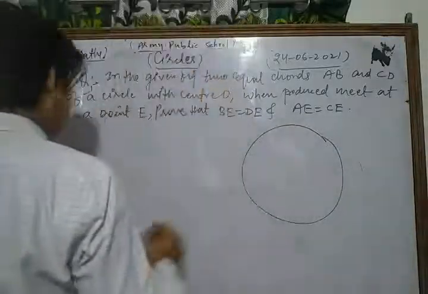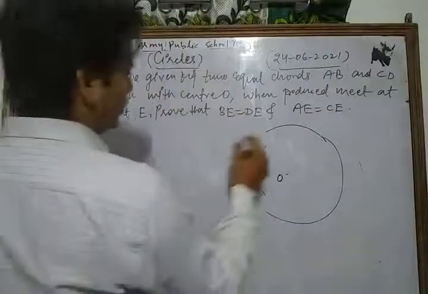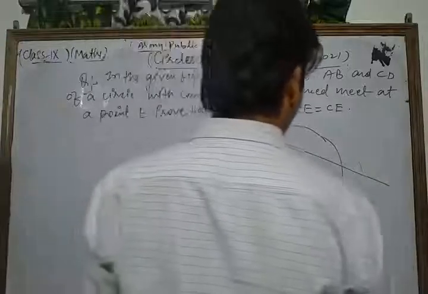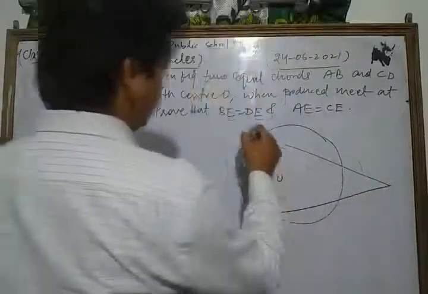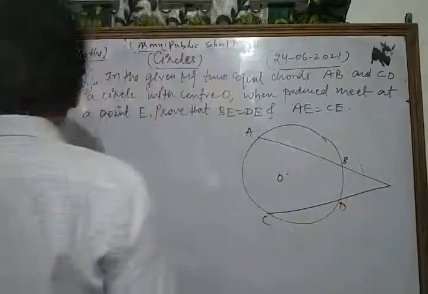And your figure is this: a circle with center O, with chords AB and CD.